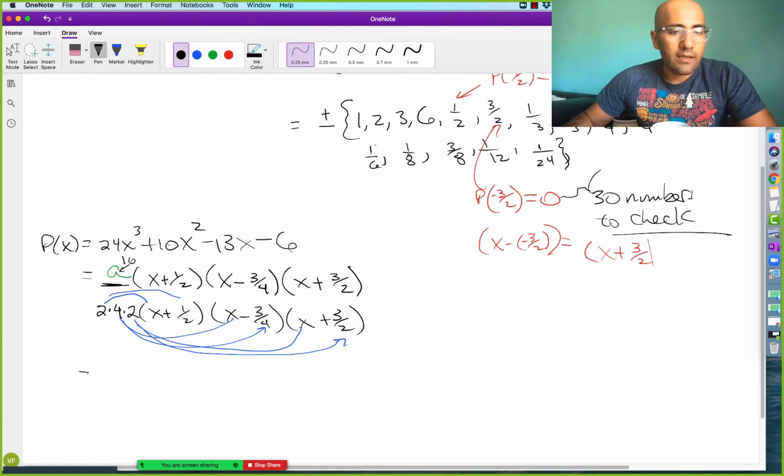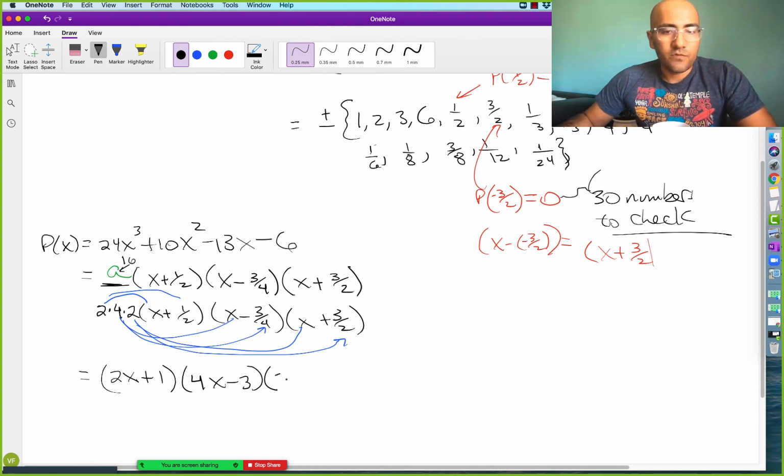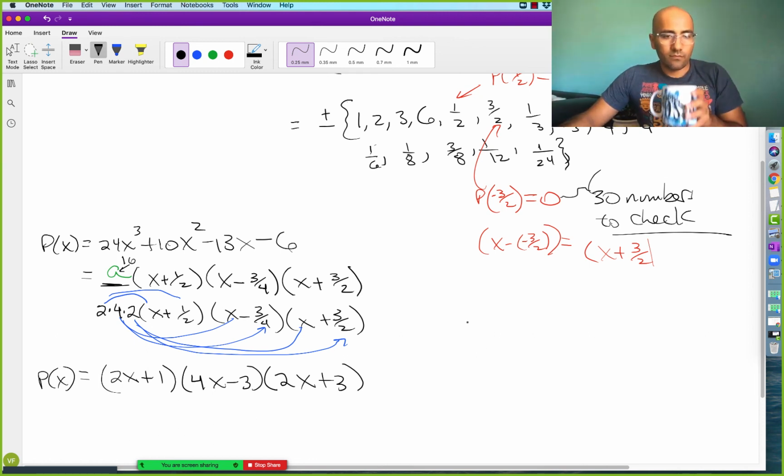And then I would end up with 2x plus 1, times 4x minus 3, times 2x plus 3. And there is my factorization of this polynomial. Any questions?